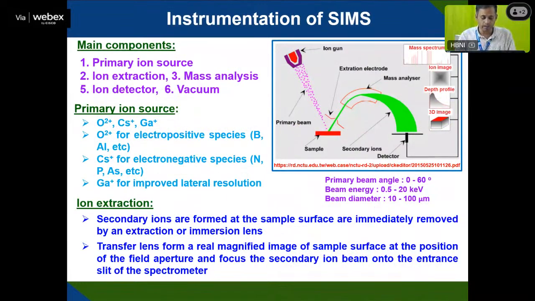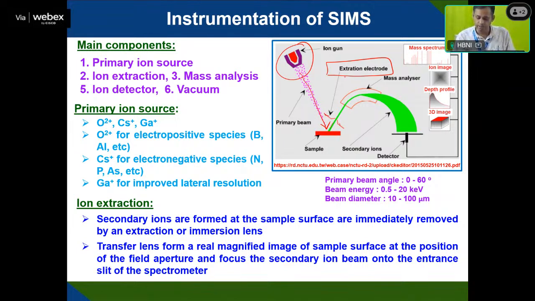Looking at the components, as with XPS, you have a primary ion source here, from where the primary beam comes and falls on the surface. Then you have an ion extraction electrode, a plate, from here to here.